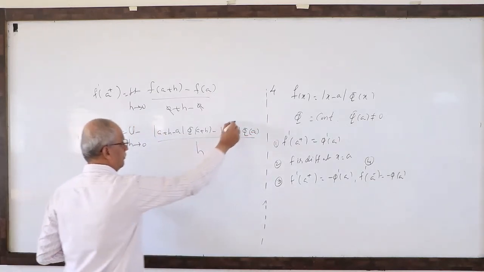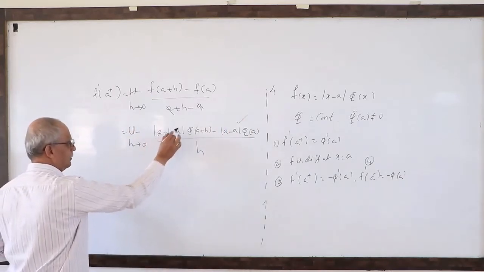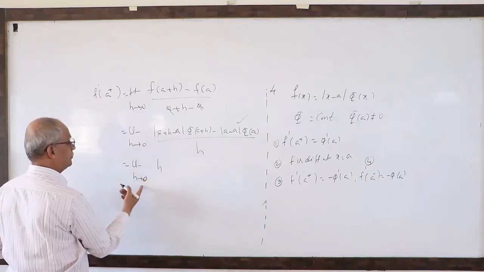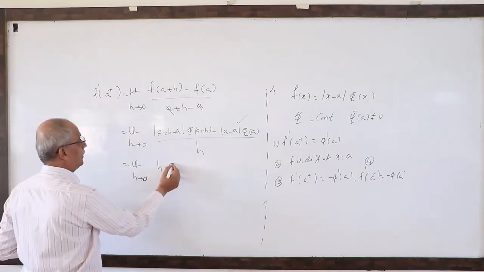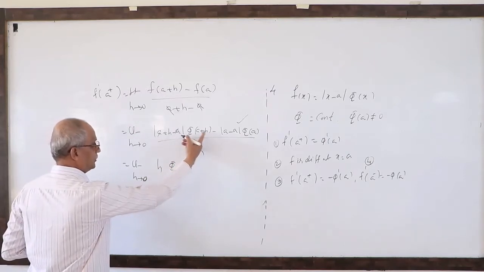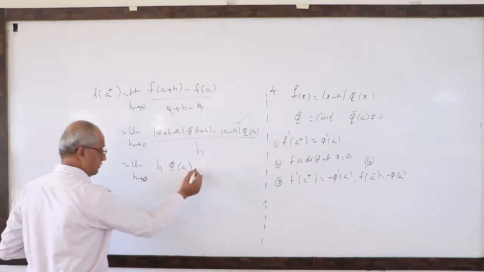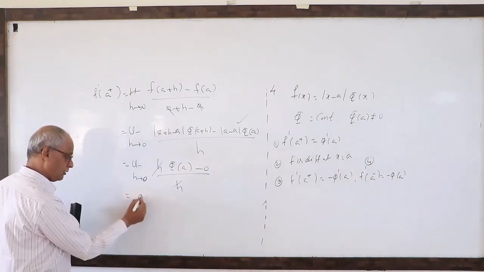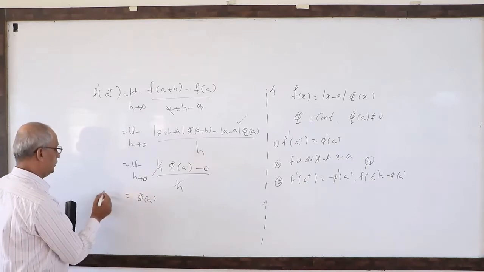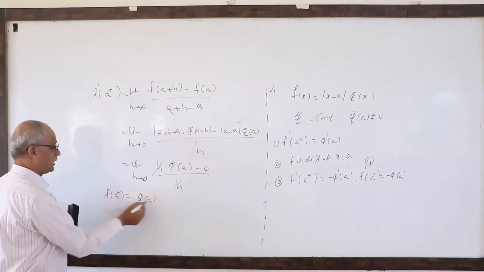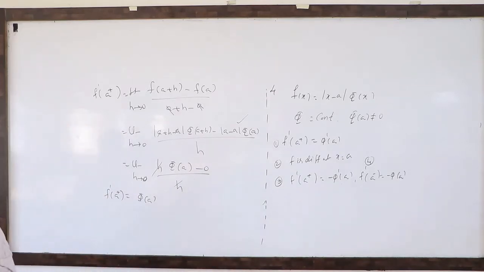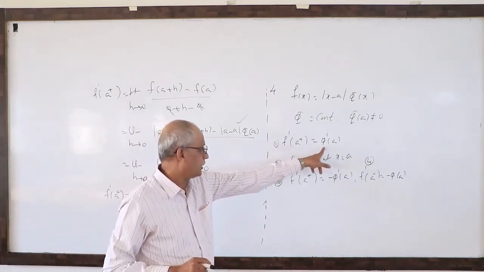Here a cancels. h tends to 0. Mod h is h because positive. Right hand side, phi of a plus h, minus 0, by h, cancel. What you are getting is phi of a. So f dash of a plus we are getting phi of a. But he gave phi dash a. First option wrong.